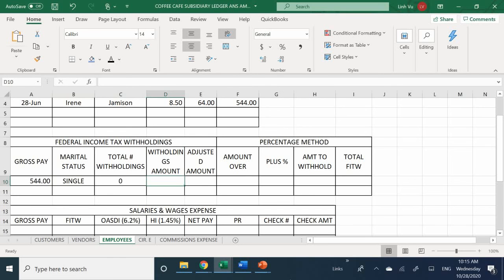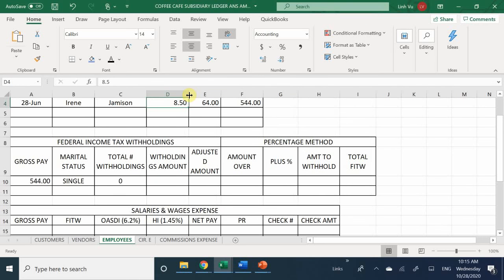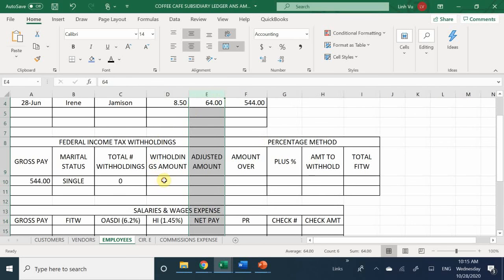If she has 0 withholdings, what is going to be her total withholdings amount? 0, because there's nothing that she can deduct. So that means her adjusted amount is going to be 0.